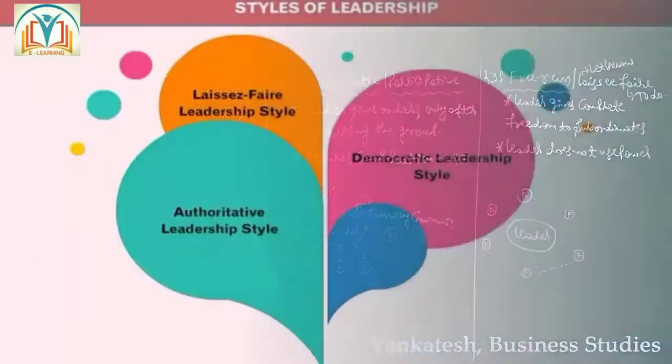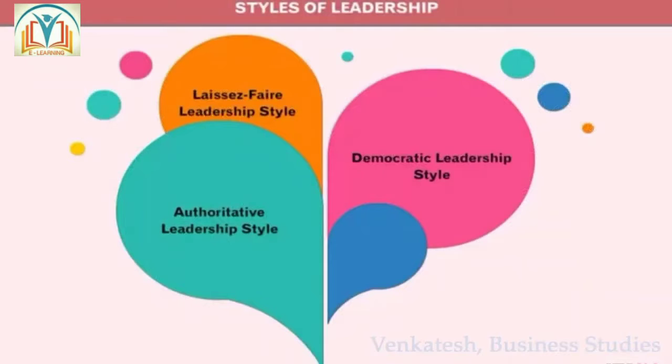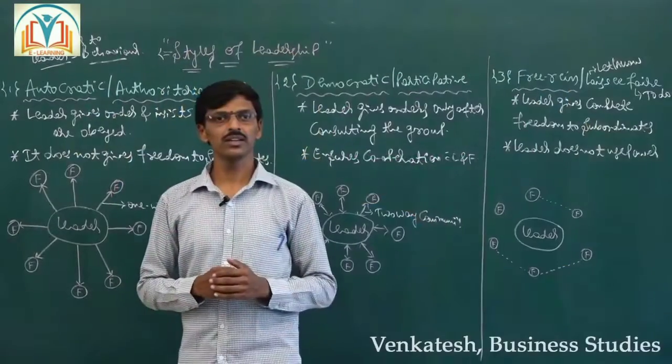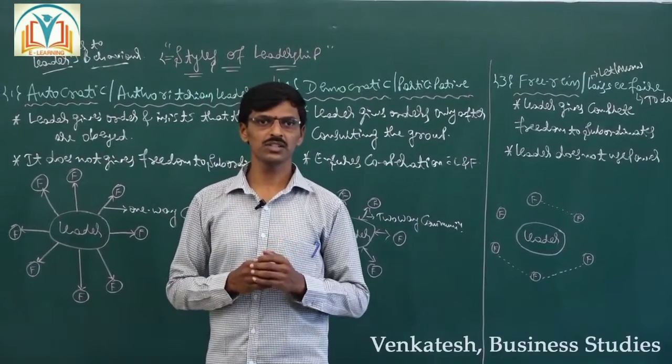One is autocratic, also called authoritarian leadership. Second comes democratic, also called participative leadership style. Third comes free rein, also referred to as laissez-faire leadership style. So, one is autocratic, second is democratic, and third is free rein leadership style. Let us see what each style of leadership explains.